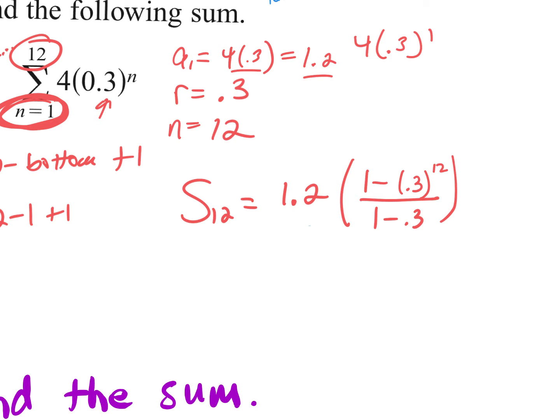So you want to simplify the numerator. You could say 1 minus, and then you have 0.3, put in parentheses, 0.3 raised to the 12th power. What do you get? 0.9999999, right?